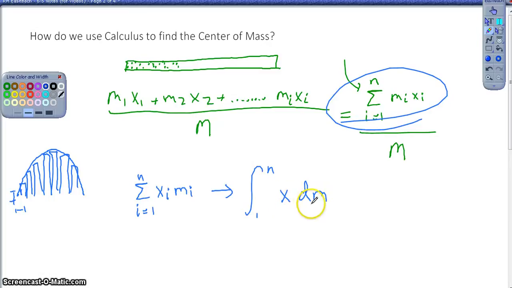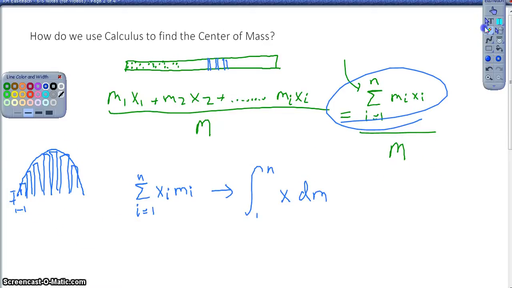This is a concept that pops up a lot throughout the next chapter. We're going to take a whole bunch of really thin strips. If I could find the mass per strip, multiply it by that position, add all of those up, and then divide by the total mass of the system, I would have my average center of mass, right? So this is the key relationship.